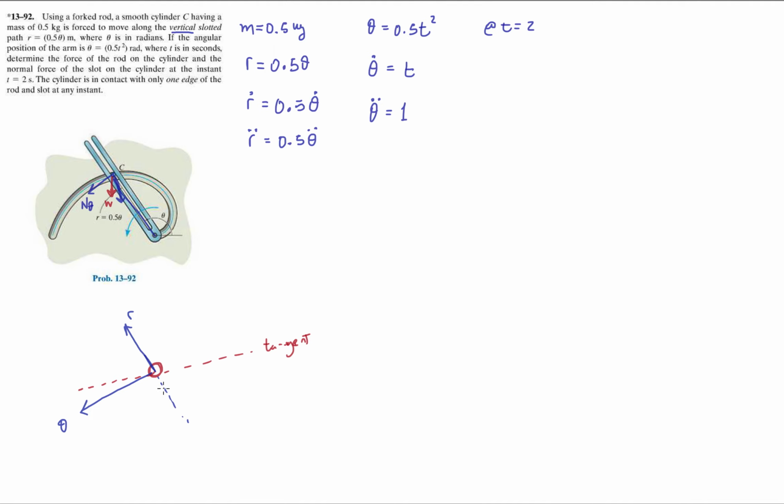So what I want to do first is draw the forces that are acting on this. I know the weight will always be vertical, so if I can draw a nice vertical line here, this is my weight, mg. Now let's look at the two forces that I drew here. The normal force done on the particle by the rod is directed along the theta direction.